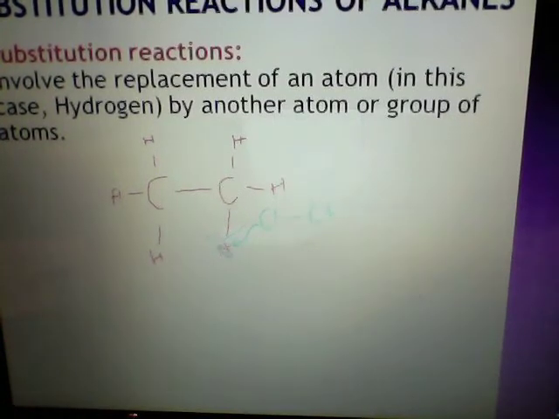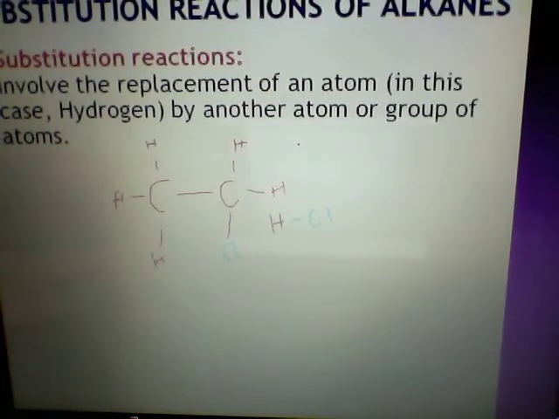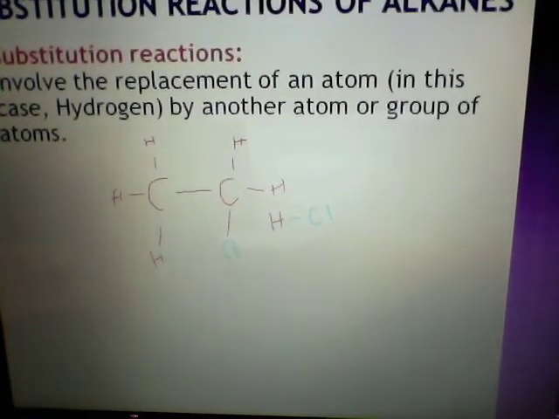Rub out one of these H's and one of those Cl's, and place the Cl here, and the H will bond with the Cl to form hydrochloric acid, or HCl. So we have, what's this product? Chloroethane.